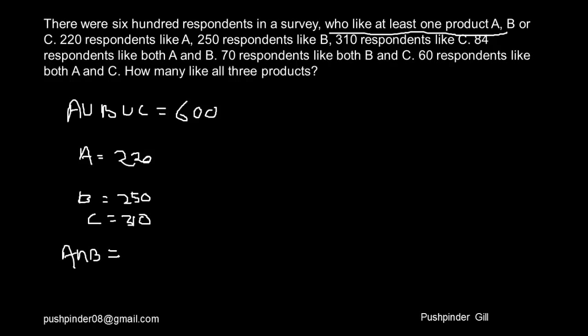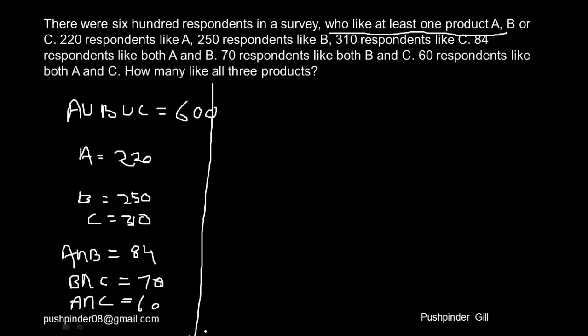That is equal to 84. What is B intersection C? That is equal to 70. And what is A intersection C? That is equal to 60. So this is everything. This is all I know, what he has given me through the question.